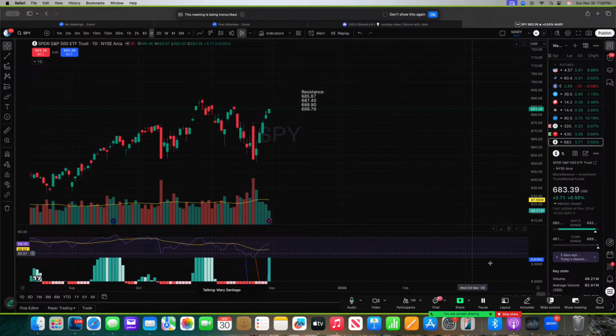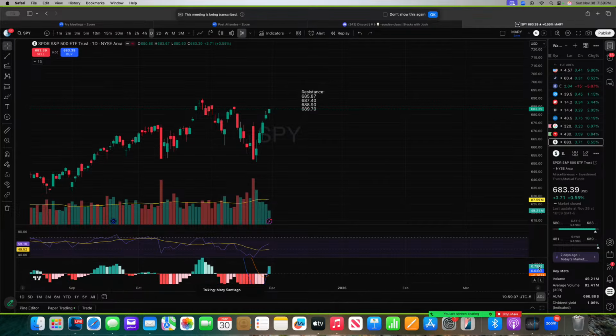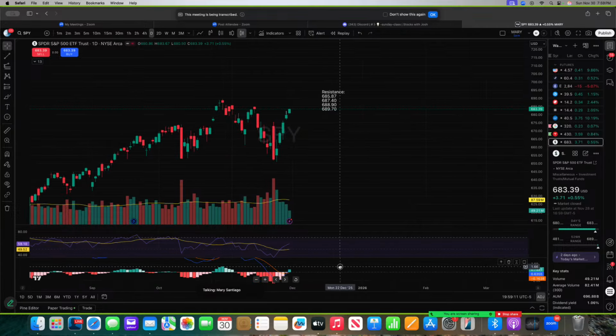I am not a financial advisor. But when I do options, I normally have a higher risk tolerance, where I could do a stop loss from 30 to 50%. You don't have to follow that.